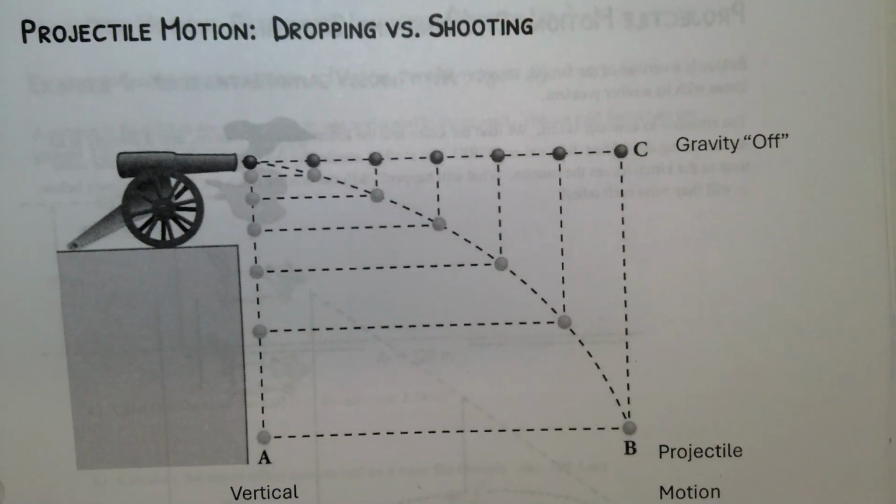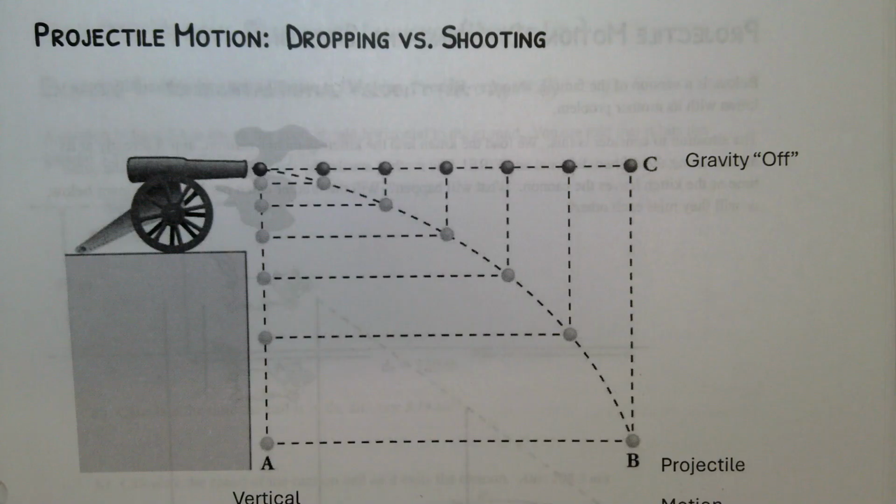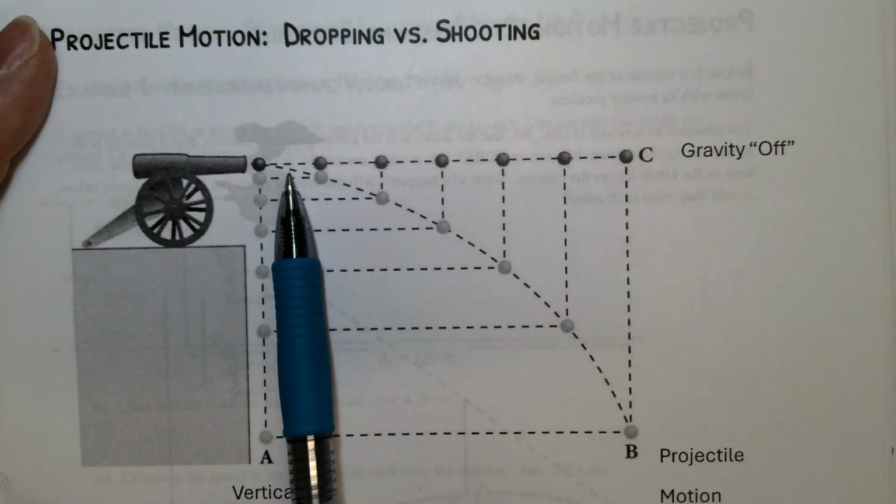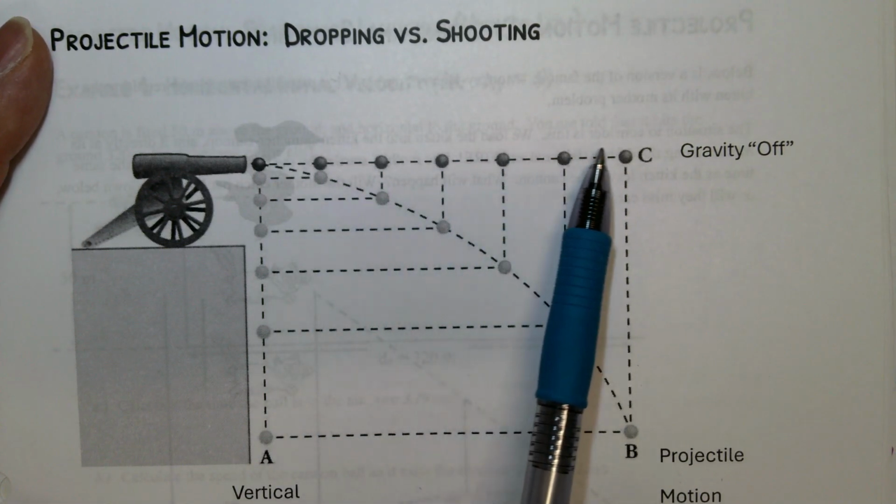All right? So we have, let's say, a projectile motion of dropping versus shooting. Okay? Let's say we fire a gun horizontally. Horizontally. That means at 0 degrees. If there were no gravity, this bullet will go straight horizontally.